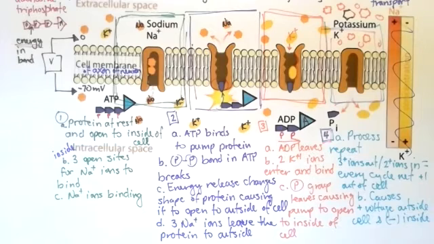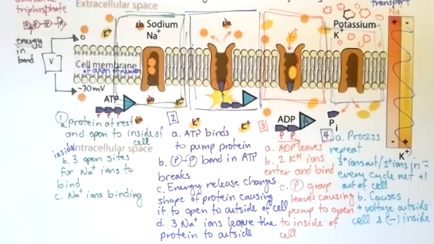If it wasn't for the sodium potassium pump, you would not have the ability to transport nerve impulses. Not only that, but creating differences in charge is also how cellular respiration works.